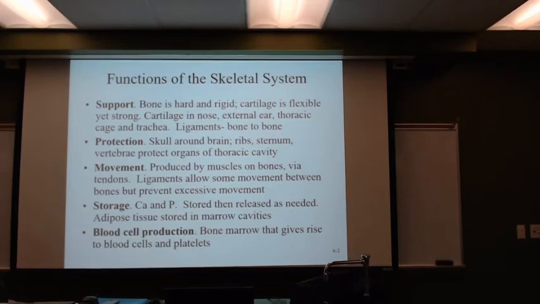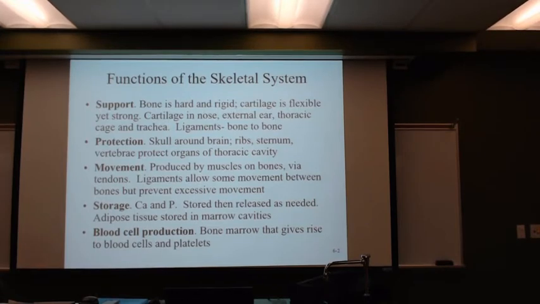In areas where the cartilage is all that's present, like the nose, the external ear, so forth, okay, it's still tough, all right? Different type of cartilage is the different type of fiber, okay, that's going to be more elastic.